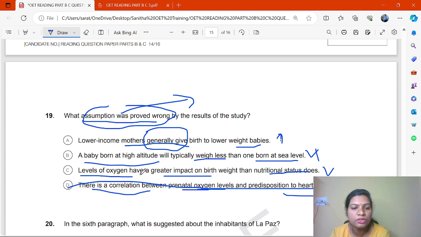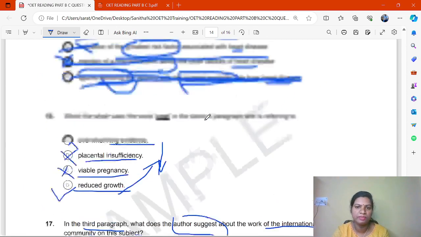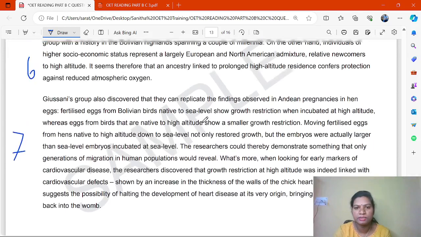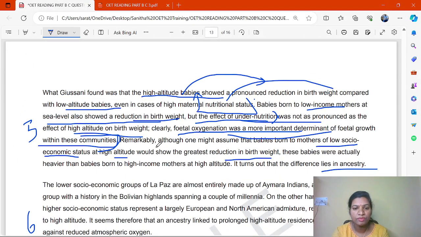Okay, see, levels of oxygen have a greater impact. Yes, it is saying. A baby born at high altitude will typically weigh less than one born at sea level. Yes, it is saying in the passage. But see, what assumption was proved wrong? That is the question. Lower income mothers generally give birth to lower weight babies. Is it wrong? We have to check.